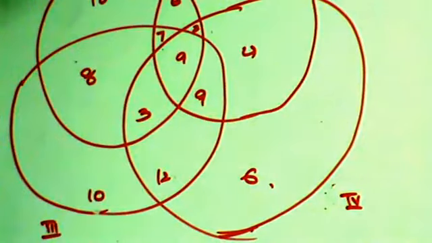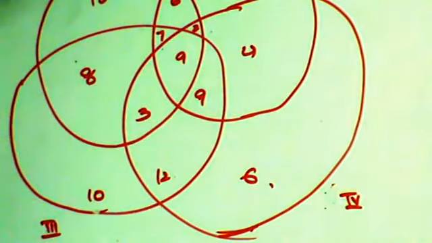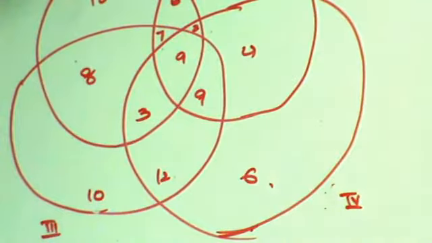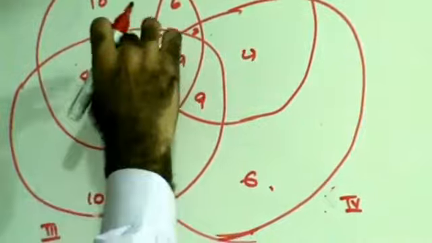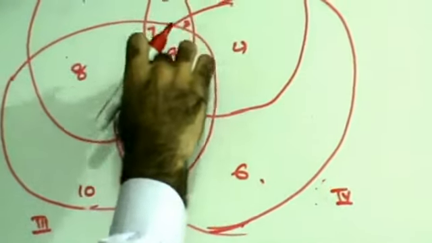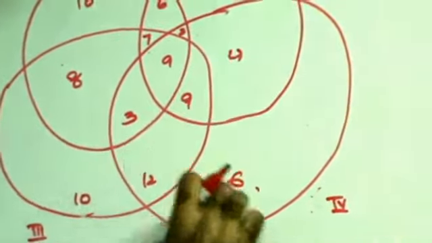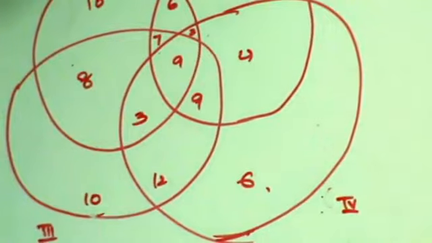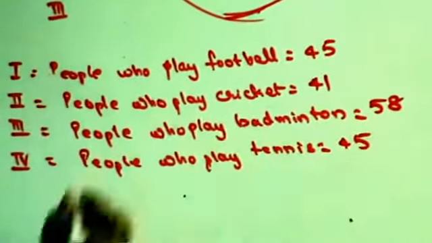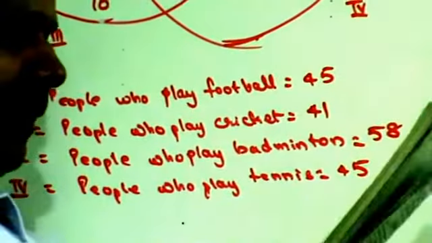And 4 indicates people who play tennis. Tennis is going to be 7 plus 2 plus 9 plus 9 plus 4 plus 12 plus 6, which comes to 45, I presume. So we've done that data.